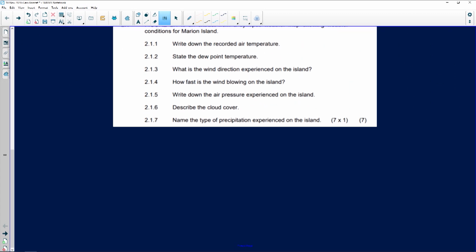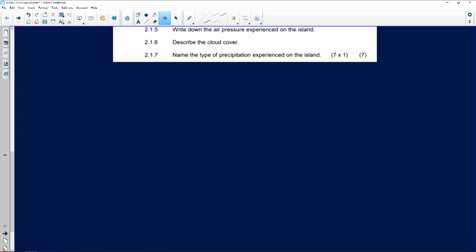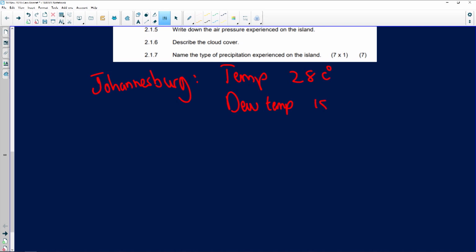Let's assume I ask you to draw a weather station model of Johannesburg, and I provide you with the following information. The temperature is 28 degrees Celsius. The dew point temperature is 18 degrees Celsius. Cloud cover, 6/8.